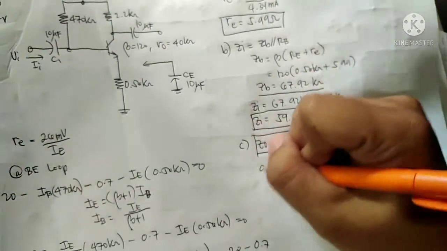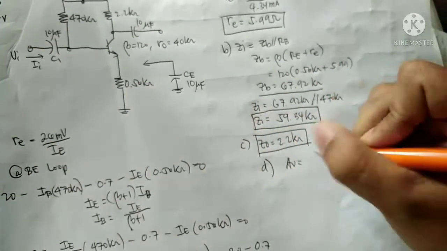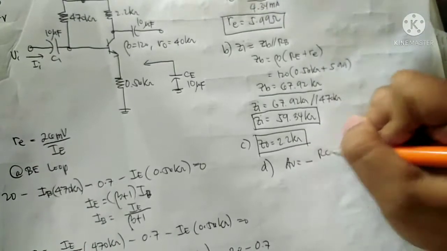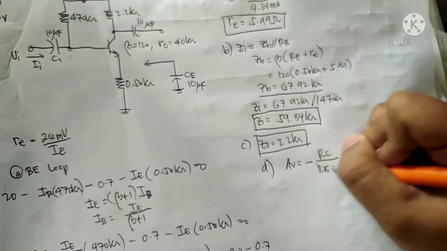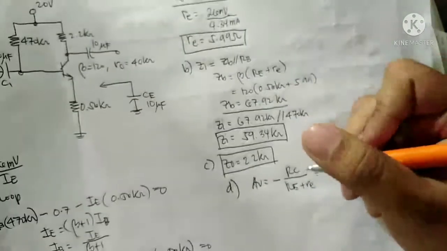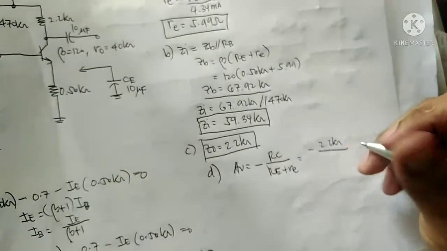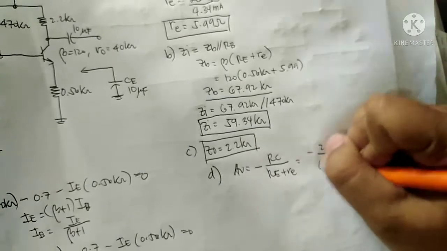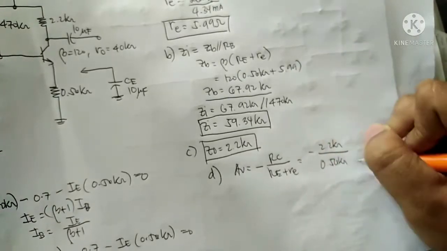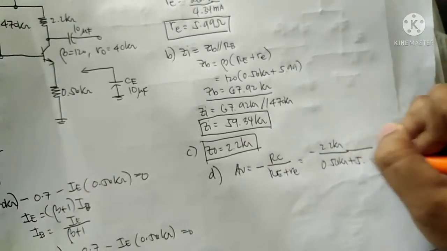And then the voltage gain is equal to negative RC over R sub E parallel. This is negative 2.2k divided by 0.56k. That's 5.99.